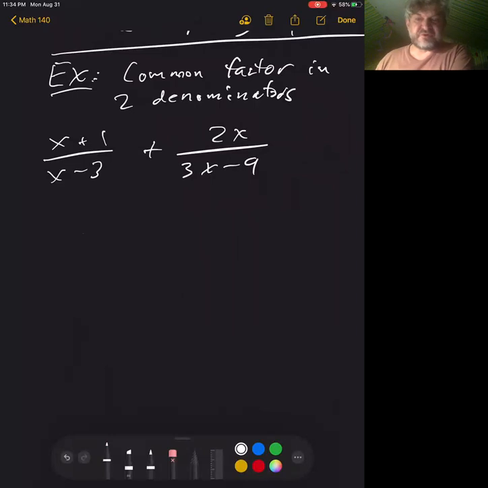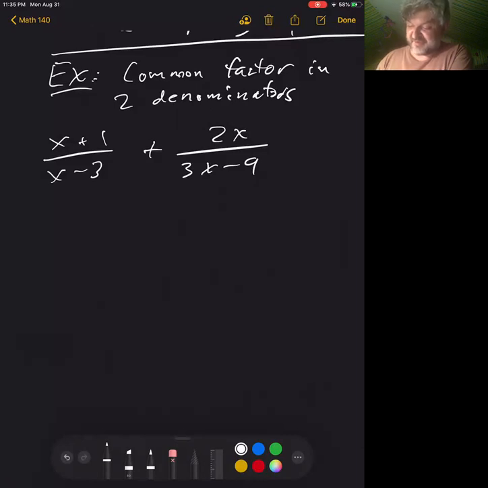So somebody who just takes a common denominator will take x minus 3 times 3x minus 9, and you get a right answer. That is not a wrong answer, but it's not totally simplified that way. It's also unnecessary work. Who wants to do unnecessary work, right? Nobody. And Alex will actually count that as wrong if it's not simplified.